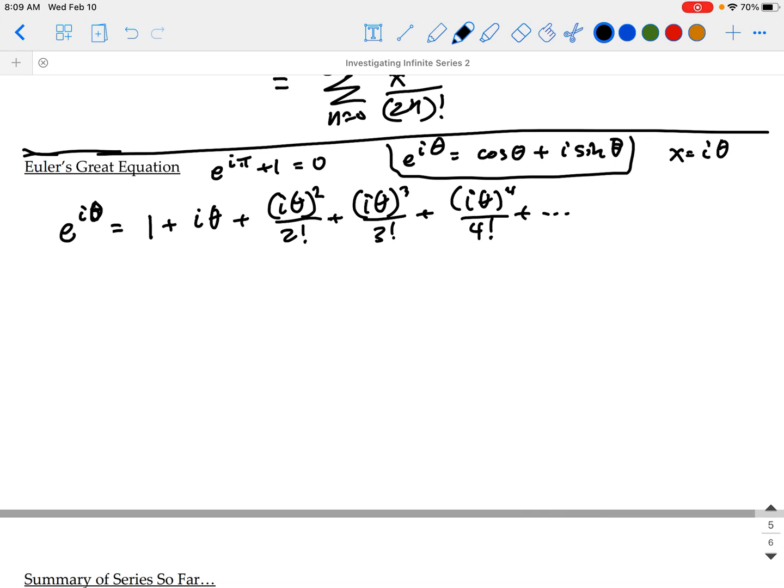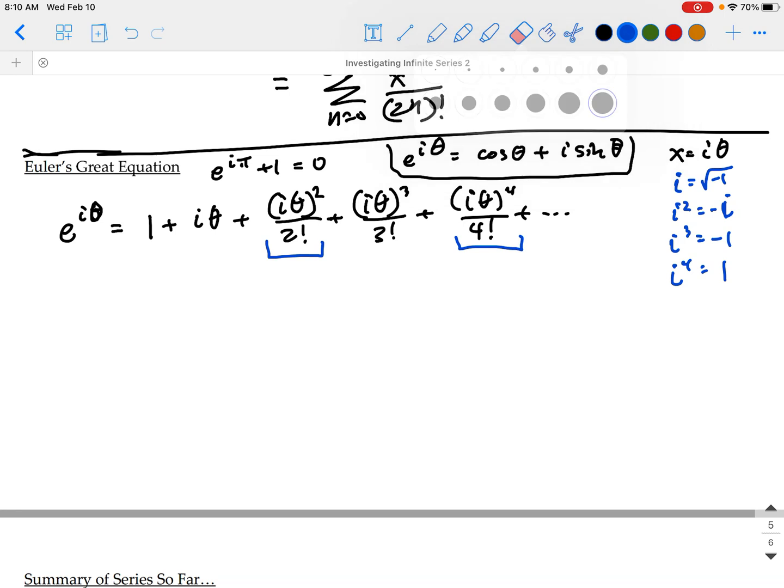So clearly this is going to separate into two different sets of terms. Let's see how it separates. So what we'll notice here is that all of the even powers are either going to be 1 or -1. So we'll just note properties of I here. So I is the square root of -1, I squared is -1, I cubed is -I, and I to the 4th is 1.